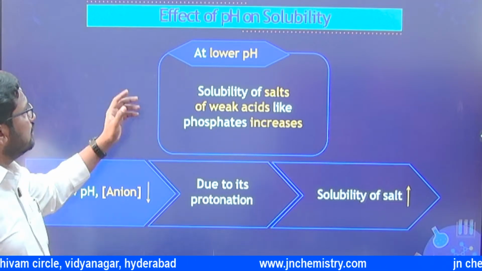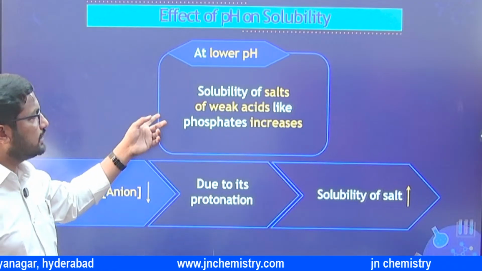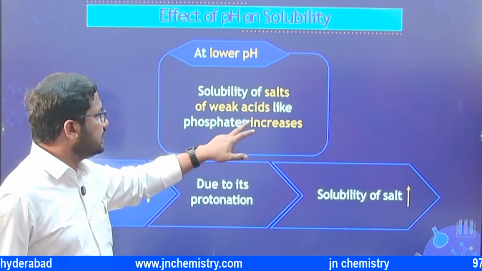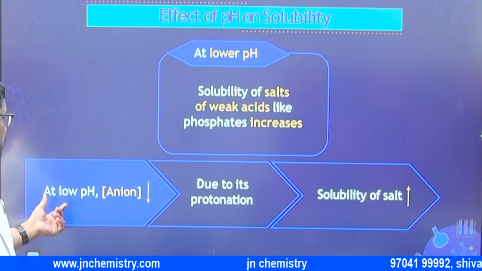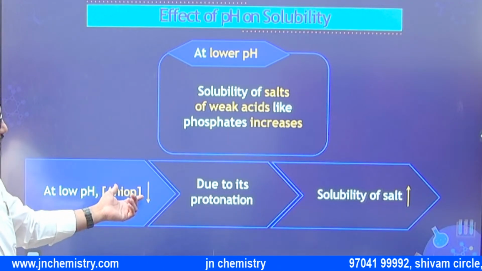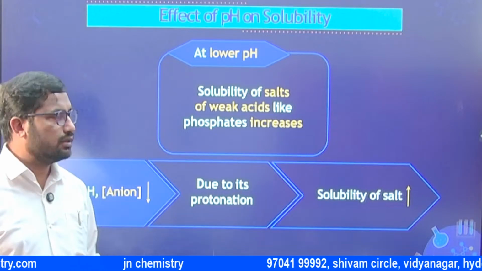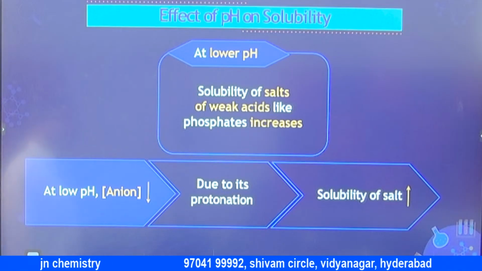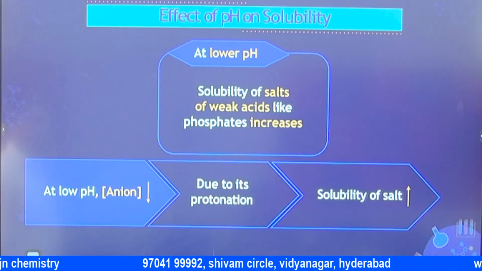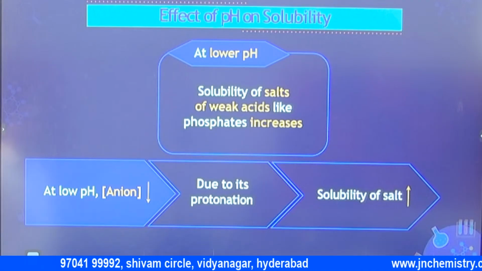Now the effect of pH on solubility. At lower pH, the solubility of salts of weak acids like phosphates increases. At low pH, anion concentration decreases due to protonation, so the solubility of the salt increases. Write it down: at low pH, solubility of salts of weak acids like phosphates increases.